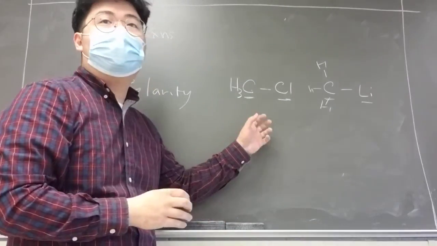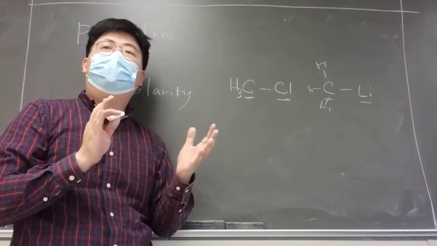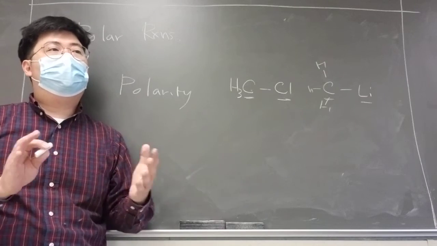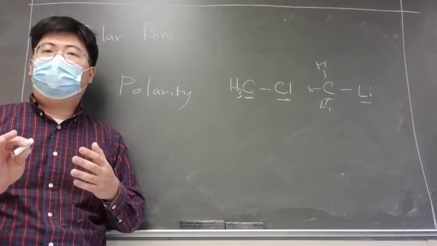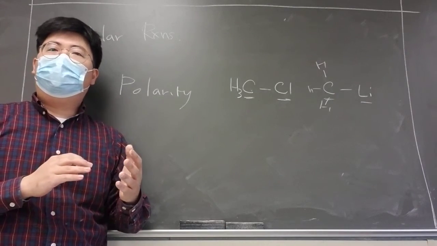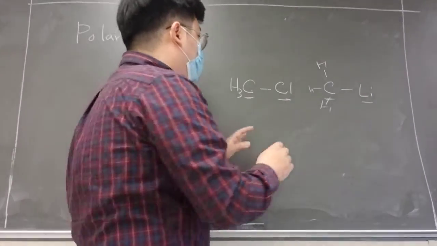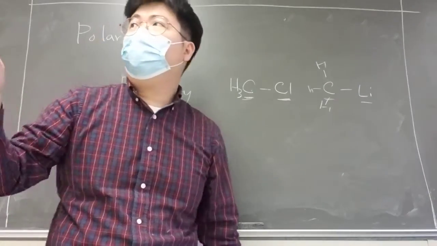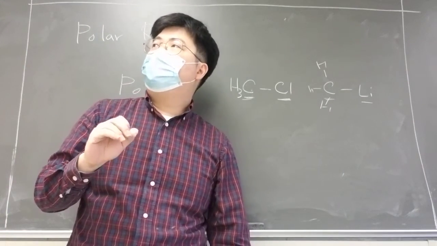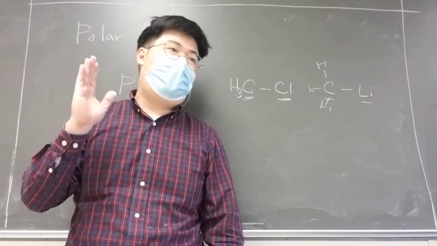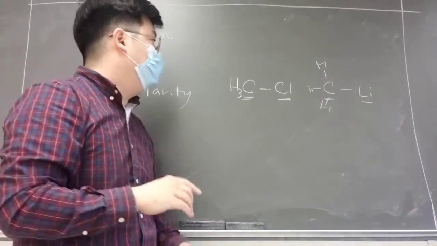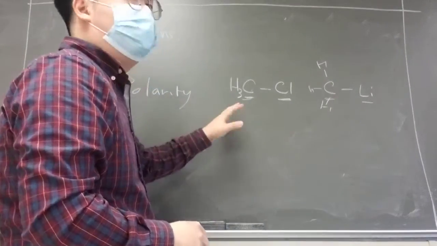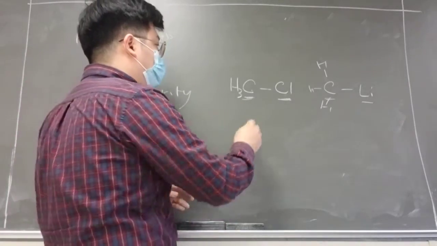I'm giving you just two examples because I want to emphasize that this is all about the relative electronegativity strength. If you look at the periodic table, an element on the right side and at the top is electronegative. If it's somewhere down on the left side, that's where you find the low electronegativity ones.